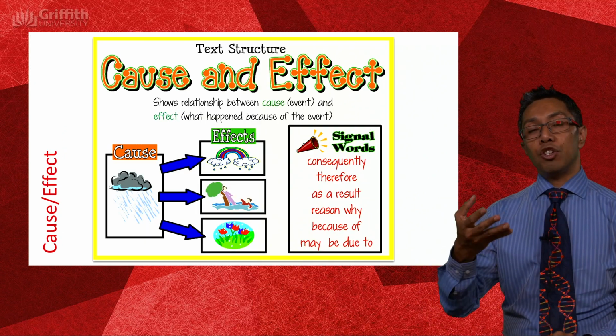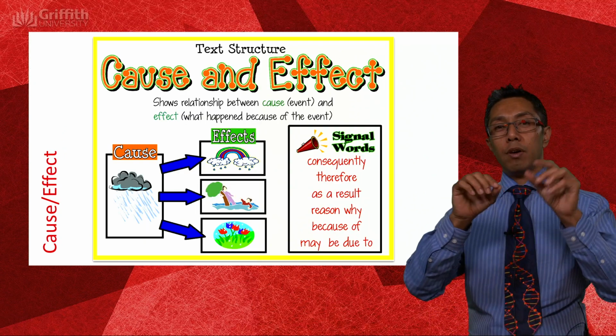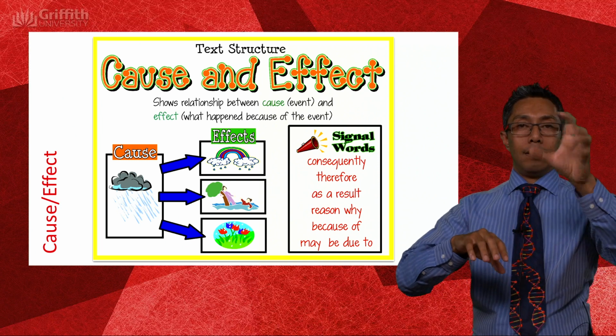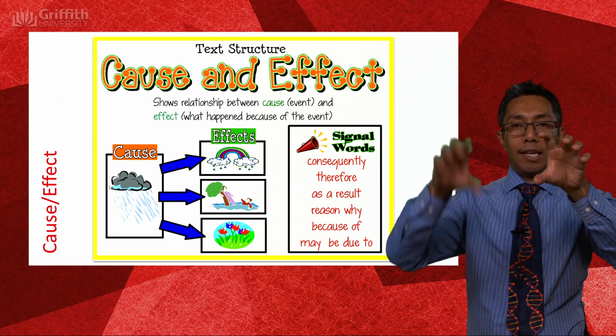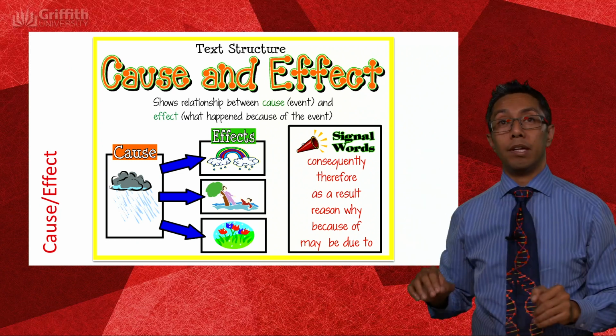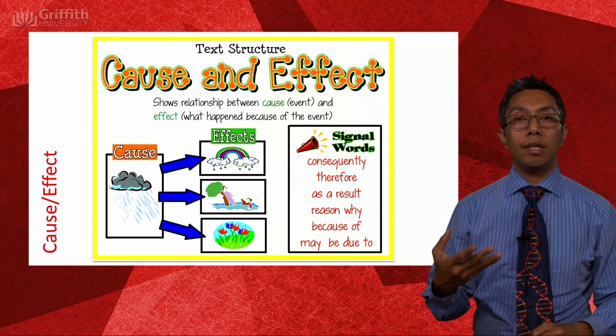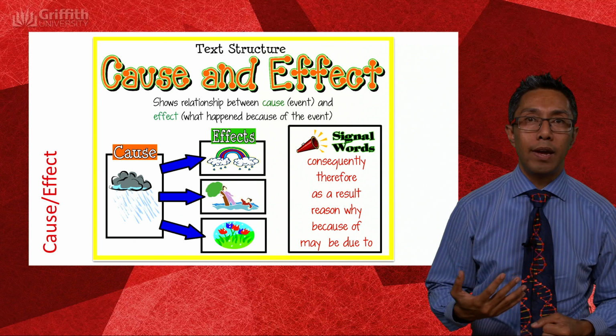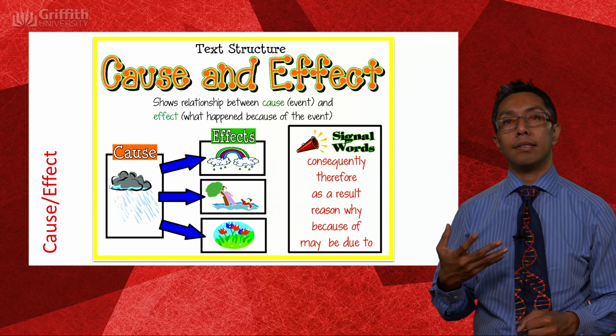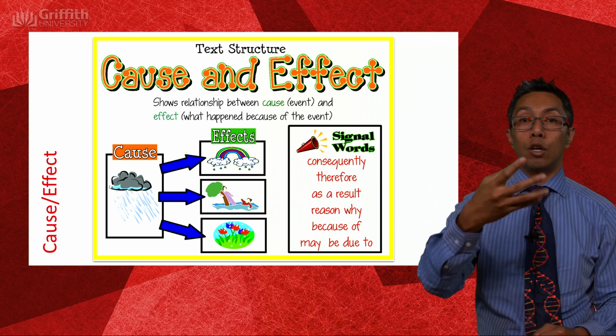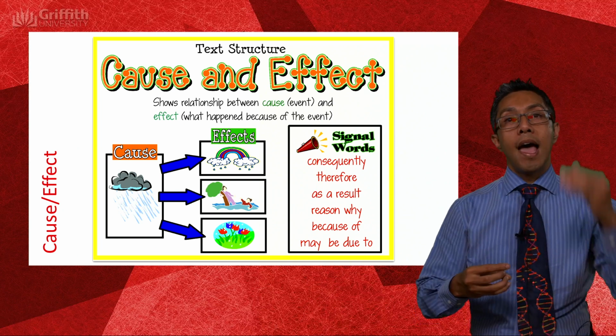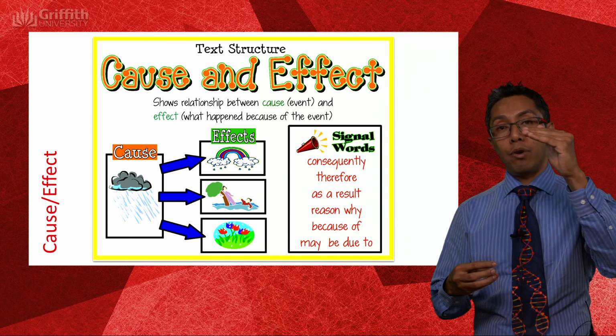A slight variation on the flow diagram, but still very much that there's something over here and that's connected by an arrow to something else. So when you have cause and effect, and there's plenty of cause and effect in science. So for example, you can see there the cause of those rainy clouds has those three effects.